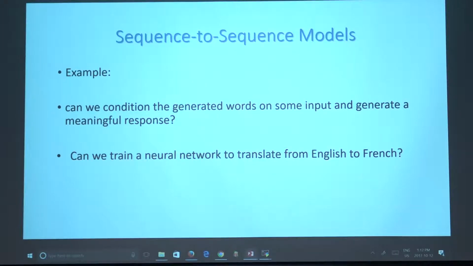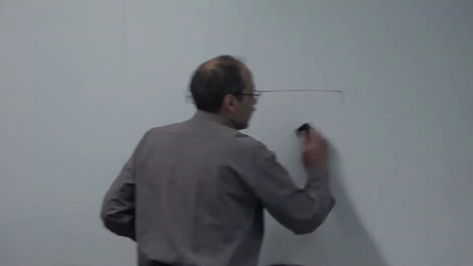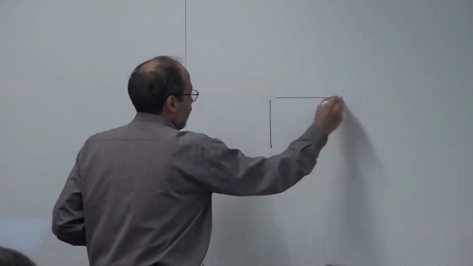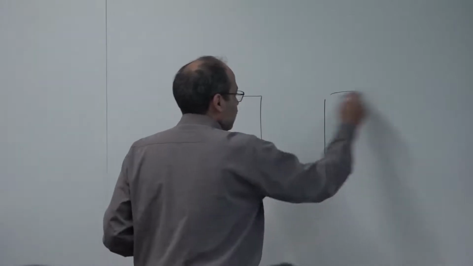So imagine one natural language processing task. Say, for example, you want to do translation from English to French. Then you're going to have an encoder, and you're going to have a decoder. This is your encoder, and this is your decoder.